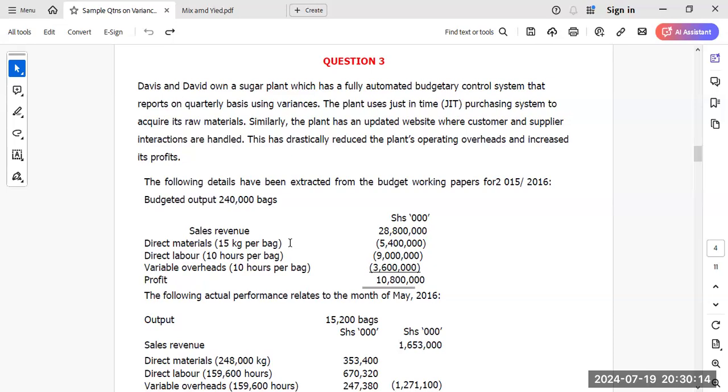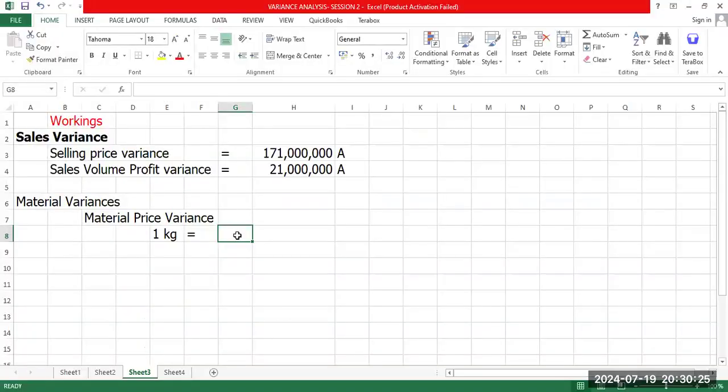The answer you have, divide by 15. And you tell me. 1,500 shillings. Have you understood how we are getting this? Or should I repeat?